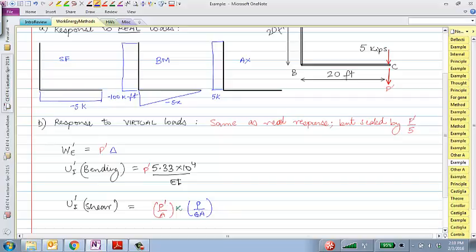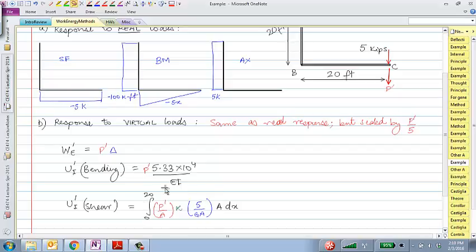But P is actually equal to 5, so I'll use the value 5 here. So 5 over GA and times area of cross section dx integral 0 to 20.